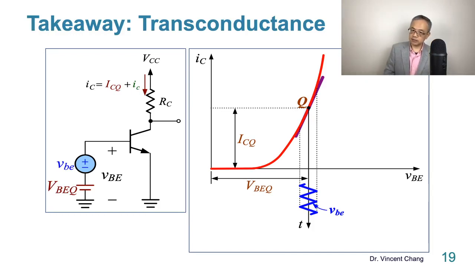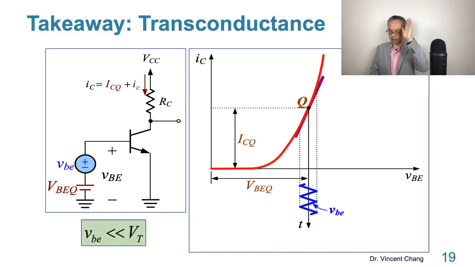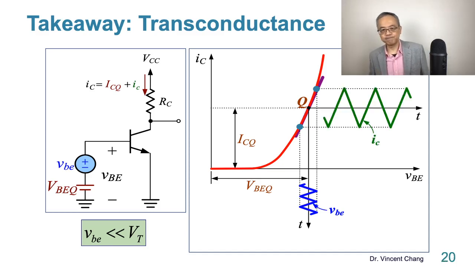Here's the takeaway. First is the definition constraint of the small signal. Under this small signal approximation, the exponential IV curve can be approximated as a straight line, and that slope tells us the transconductance.